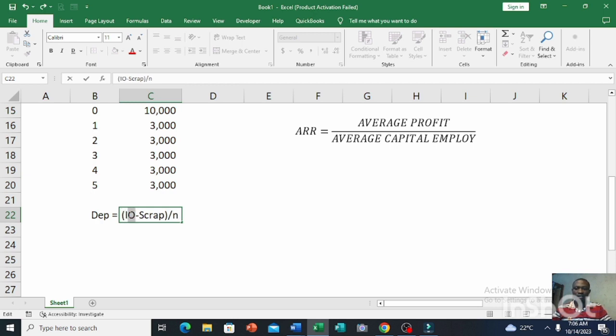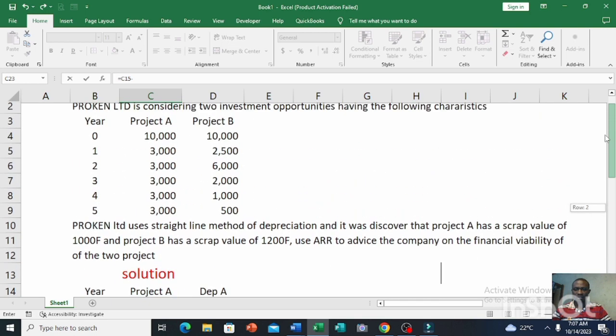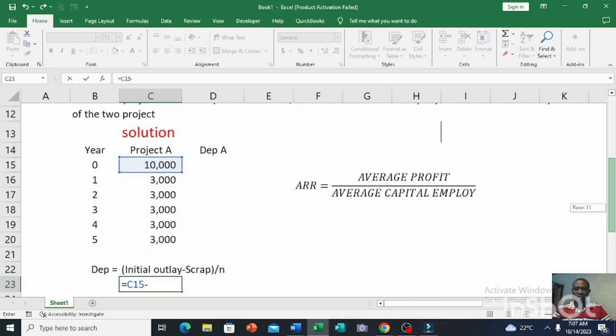Initial outlay, just write in full. What's the initial outlay? It is the cash flow at year 0. In that case, our initial outlay is 10K, minus our scrap, which for project A is 1K.